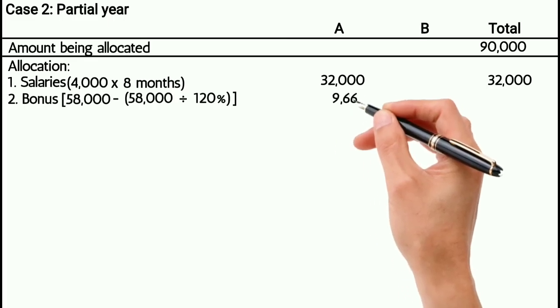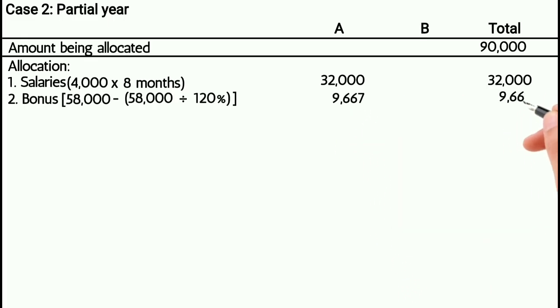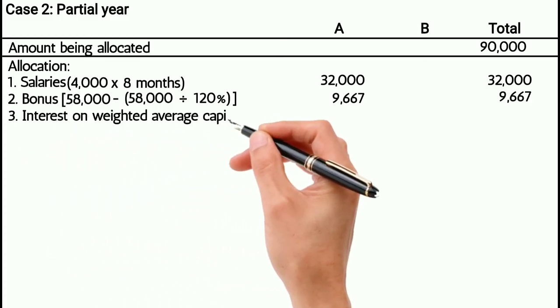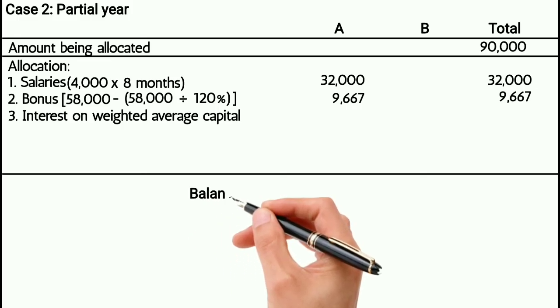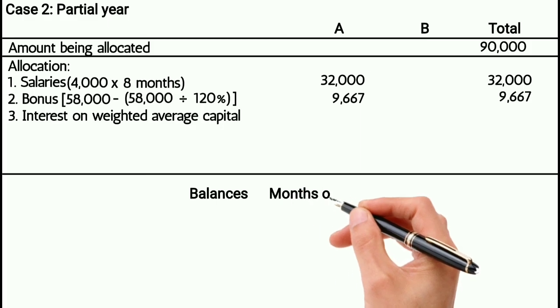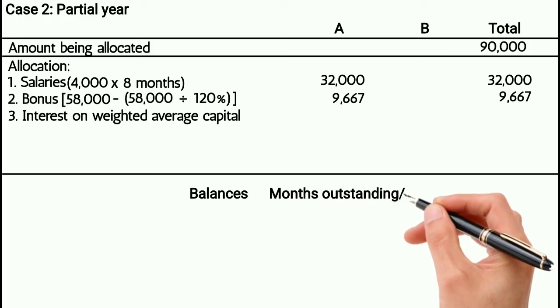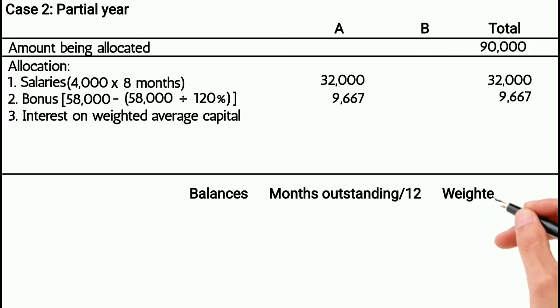Ilalagay na natin yung 9,667 na bonus kay A. Next, interest on weighted average capital. Same process, prepare 3 columns for balances, months outstanding over total months in a year, and weighted average.